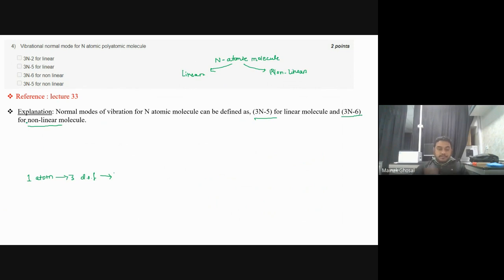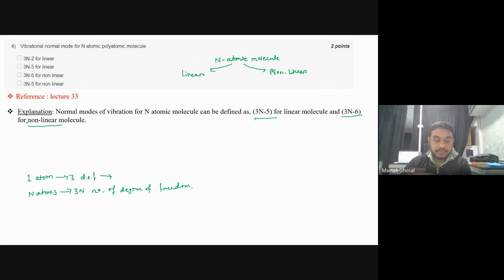Now if n atoms are there, then there will be 3 into n, that is 3n, degrees of freedom. So if I have one atom, I have 3 degrees of freedom, but with n atoms, I have 3n degrees of freedom.